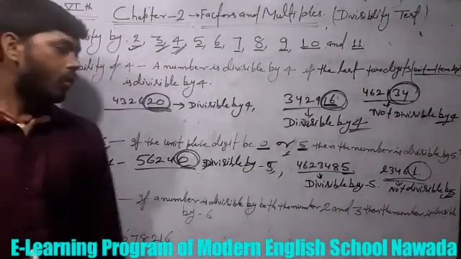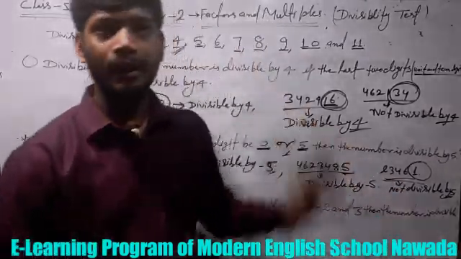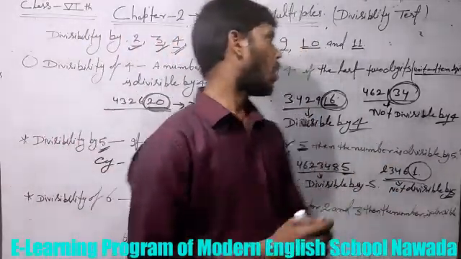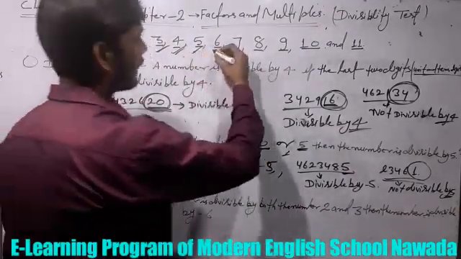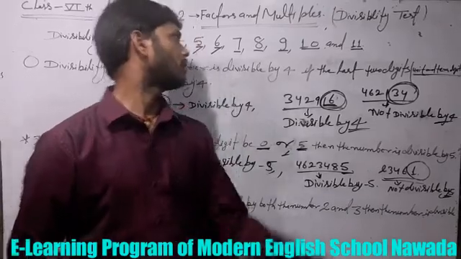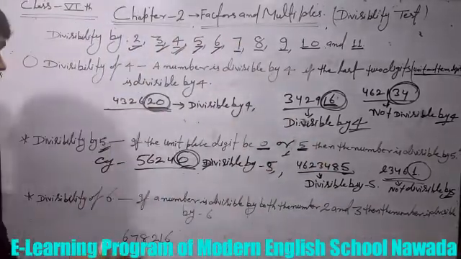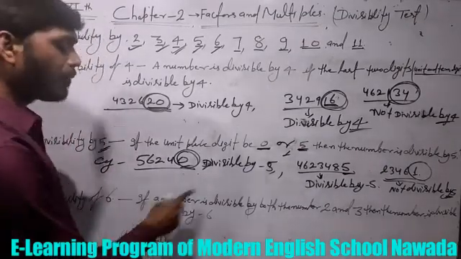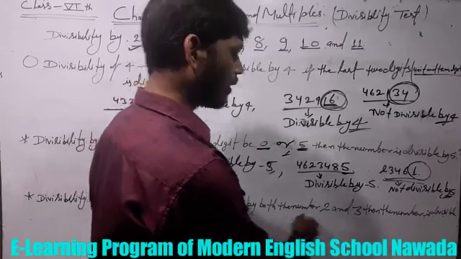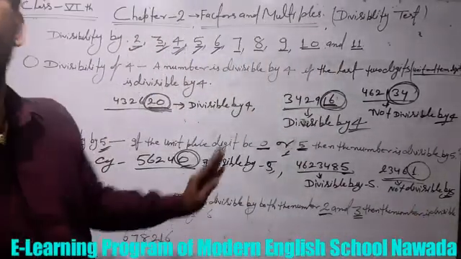You have to know divisibility of 5. Next, divisibility of 6. You learned about divisibility of 5. Again, you have to learn about divisibility of 6. If a number is divisible by both 2 and 3, then the number is divisible by 6.